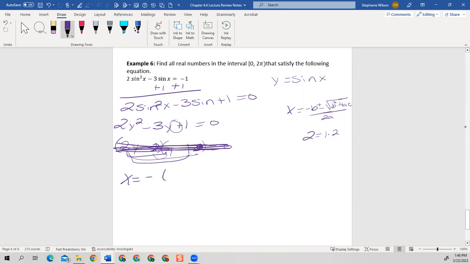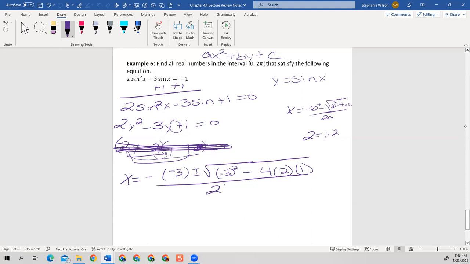So I'm going to use the quadratic formula. Remember, quadratic is written ax squared plus or minus bx plus or minus c. So my b is -3. Plus or minus, I'm going to put that -3 in parentheses because I'm going to square it inside this root. Then 4 times a, which is 2, times c, which is 1, all divided by 2 times a, which is 2.